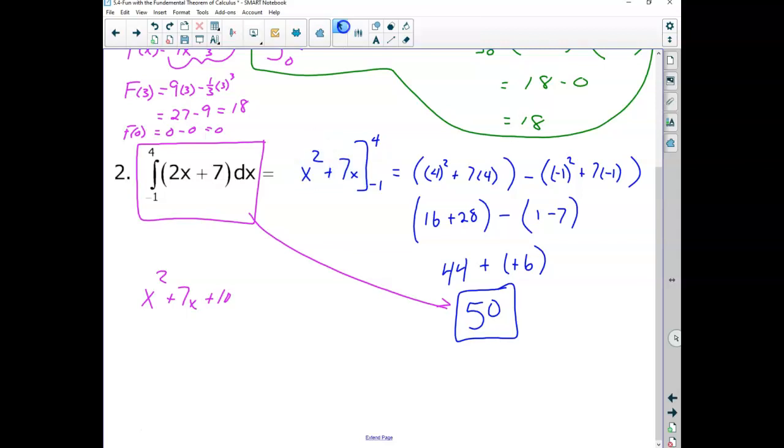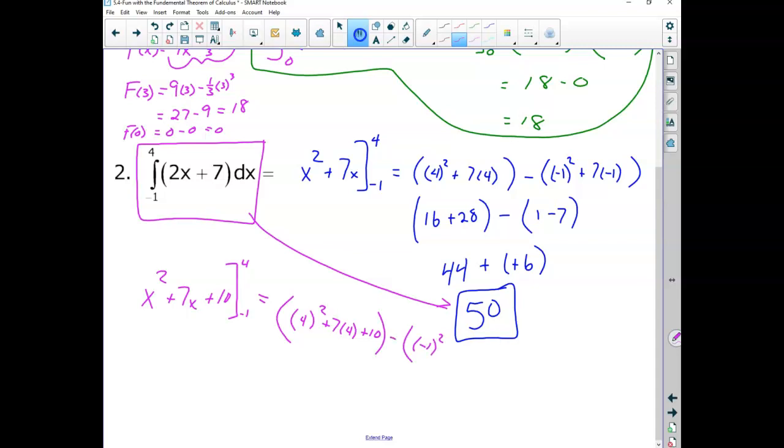That's right. So let's say I did that and I evaluated it from 4 to negative 1. Well, what is that going to equal? That's going to be 4 squared plus 7 times 4 plus 10 minus, that's my negative 1 squared, sorry for writing sideways, negative 1 plus 10.